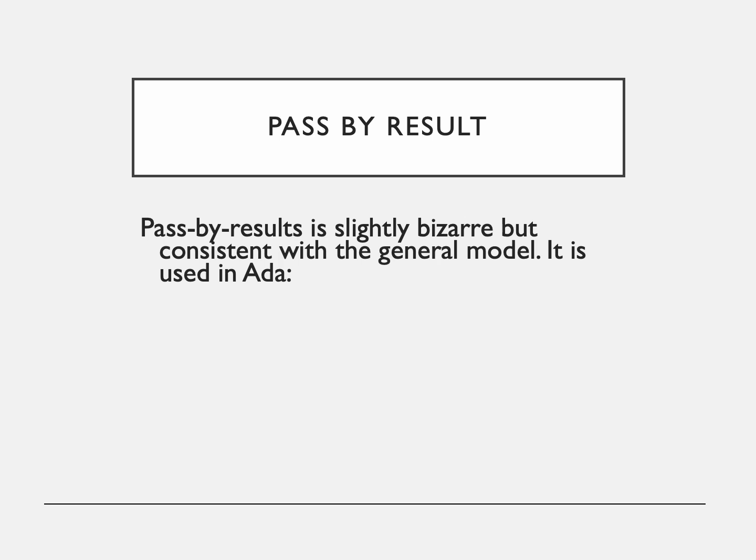Instead, it only generates and assigns a result to it upon completion. This is primarily for out parameters in ADA, where the parameter is intended to be written to, not read from, within the subprogram.